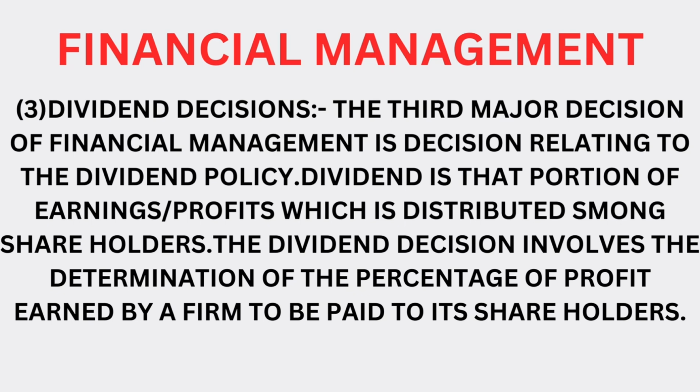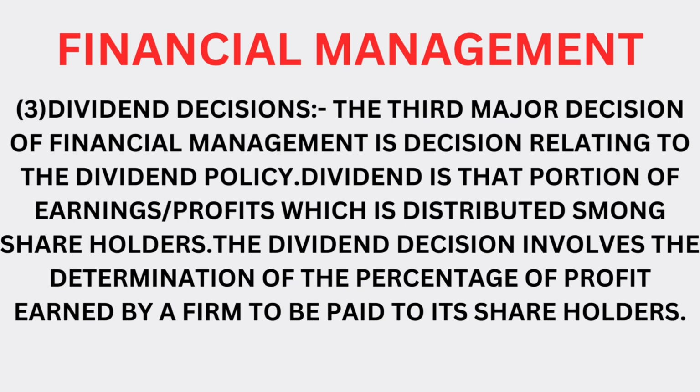The dividend decision involves the determination of the percentage of profit earned by a firm to be paid to its shareholders, and how much of the percentage of profit should be retained in the business.